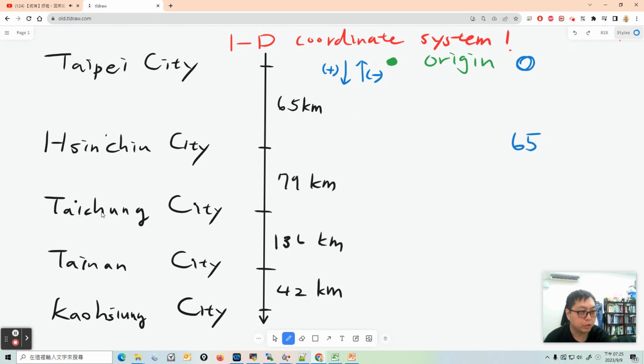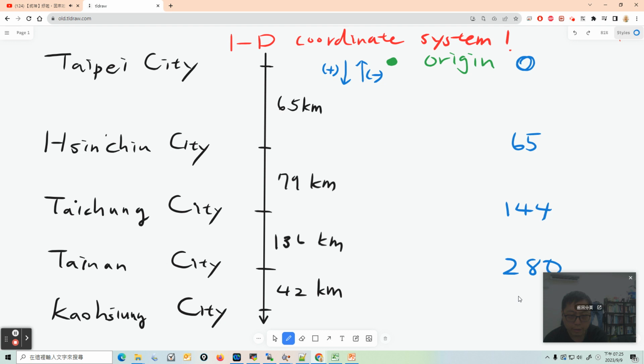And what's the position of Taichung City? It's 65, and then go further 79, so it's 144. What's the position of Tainan City in this coordinate? I think it's 280, right?